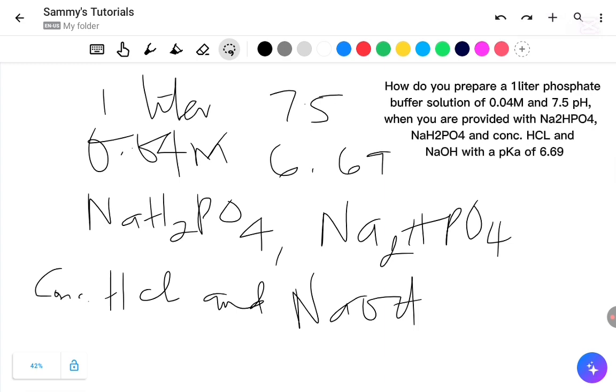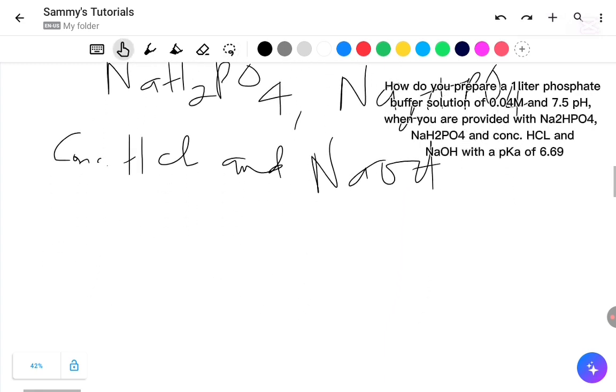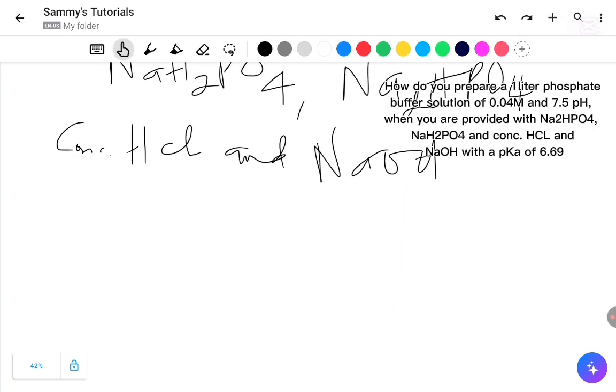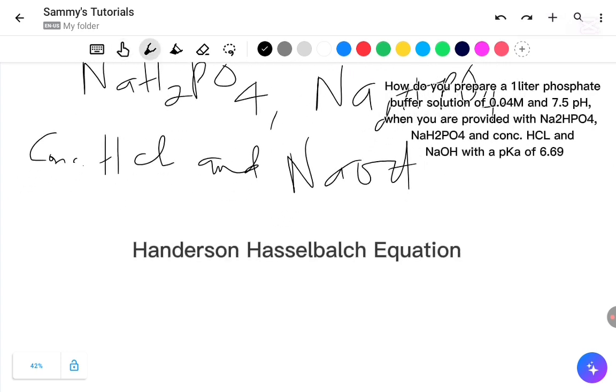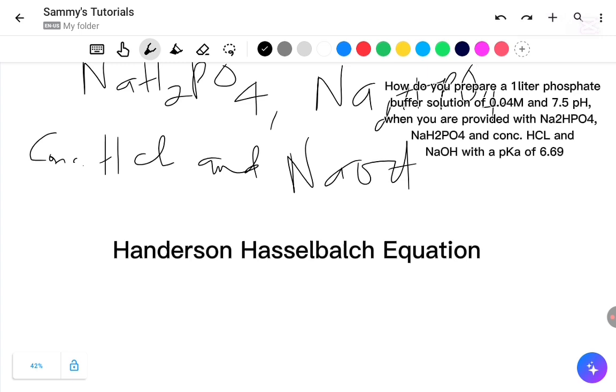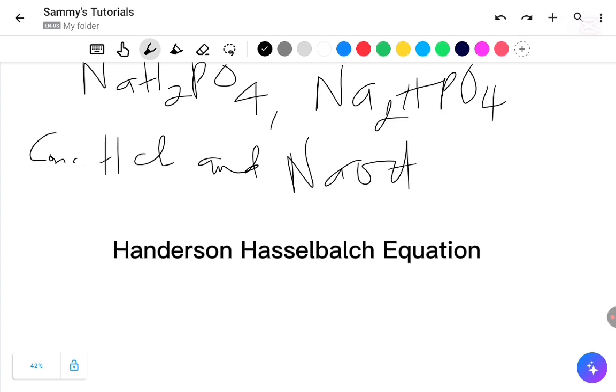Pay attention, everybody. First of all, the formula we are using for this is what we call the Henderson-Hasselbalch equation. In another of our classes, we're going to derive that equation.